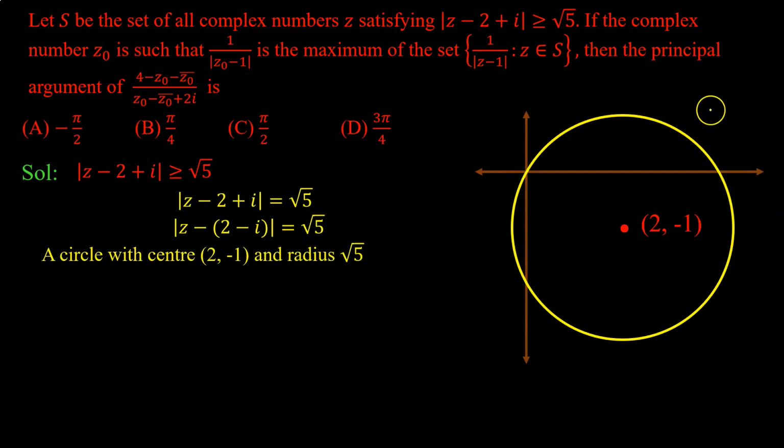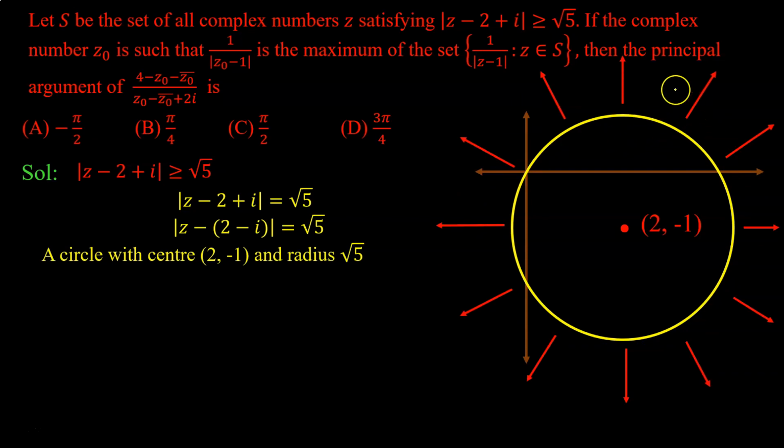That means if Z is outside the circle, the distance between Z and the point 2 comma minus 1, that is 2 minus iota, will be greater than root 5. For points on the circle it will be root 5, and for points outside the circle it will be greater than root 5. So the inequality represents points on the circle as well as points in the outer region.